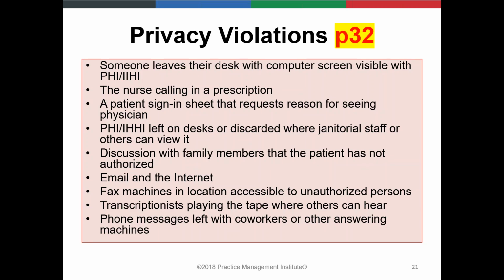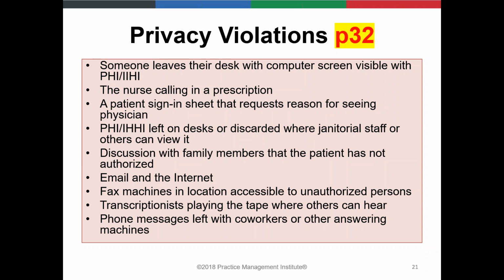So let's look at just some examples of what privacy violations would be that could be considered a disclosable violation. Someone leaving, this is one of the more common ones, someone leaving their desk with their computer screen visible with PHI on it or IIHI.